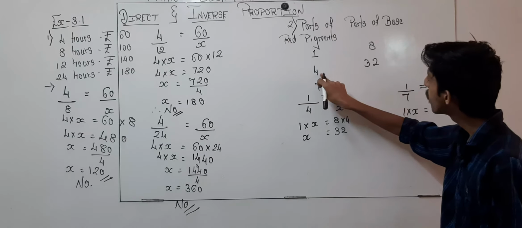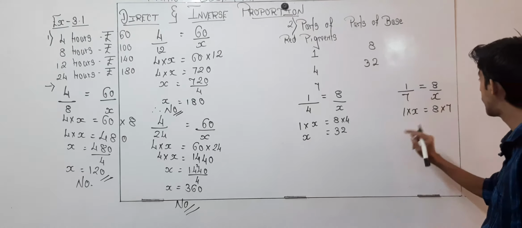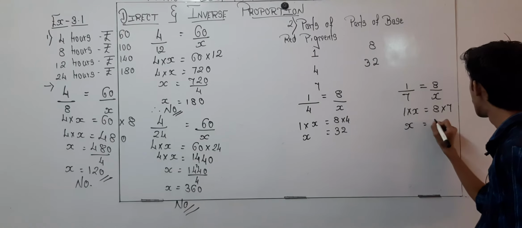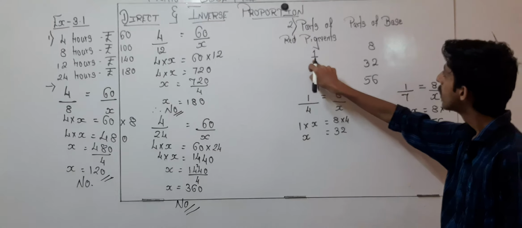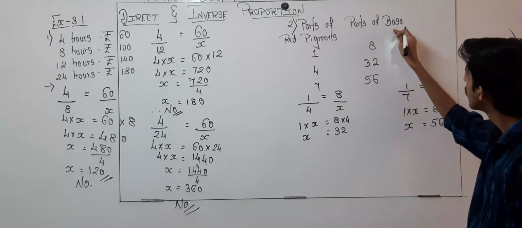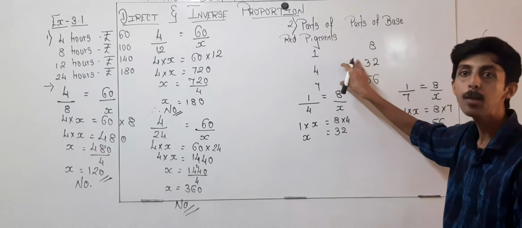See, if the pigments are increasing, the parts of the base are also increasing. So my x is 56. As the parts of red pigment increase, the parts of base also increase. So it is direct proportion.